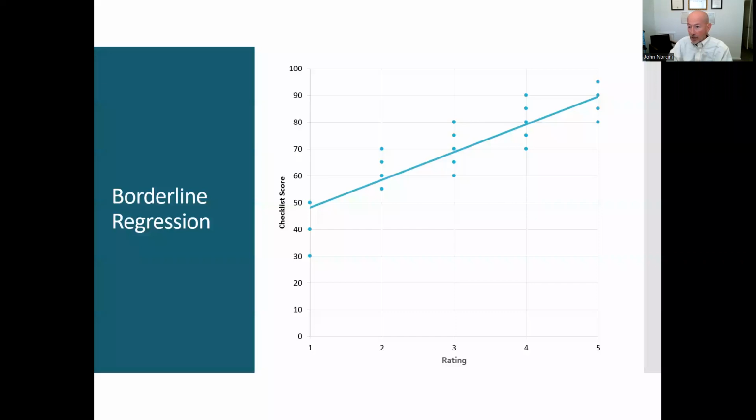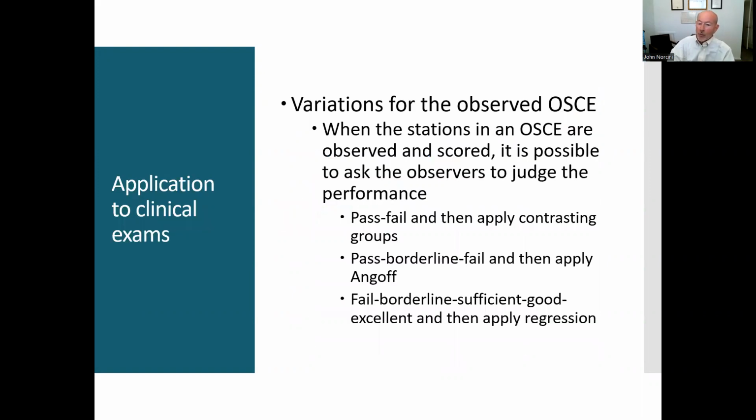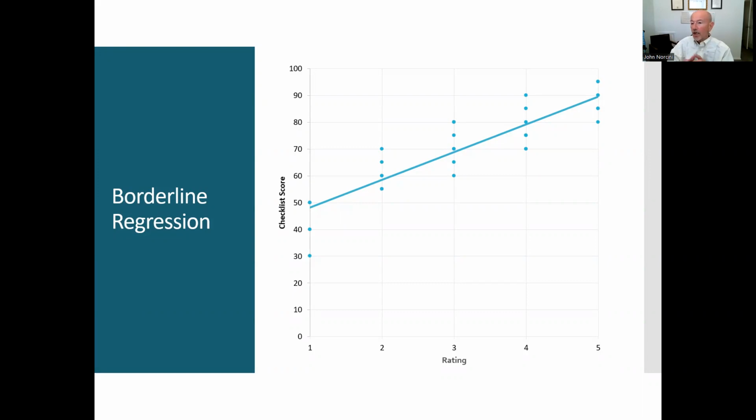At the bottom of this graph, you'll see those 5 ratings. Let me remind myself: 1 is fail, 2 is borderline, 3 is sufficient, and so on up to excellent. Every student will also have a checklist score. Take the example where the trainee was rated 1, unsatisfactory.